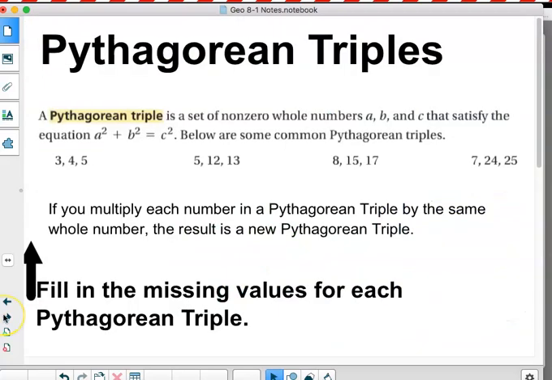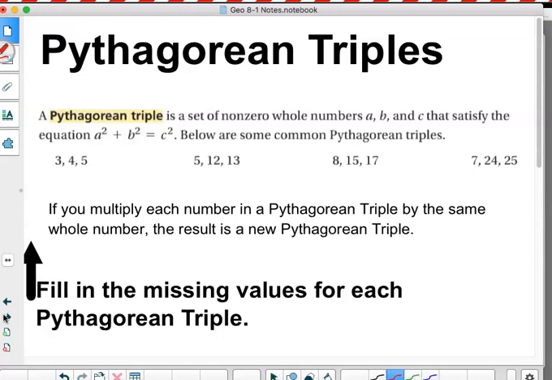Now we got something called Pythagorean triples here. A Pythagorean triple is a set of non-zero whole numbers a, b, and c that satisfy the equation a squared plus b squared equals c squared.